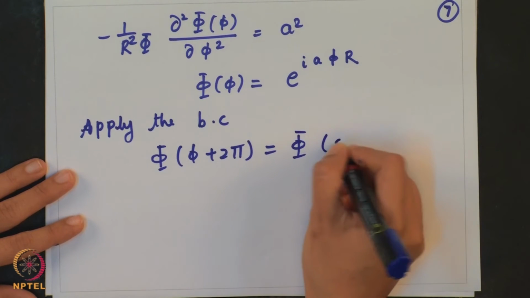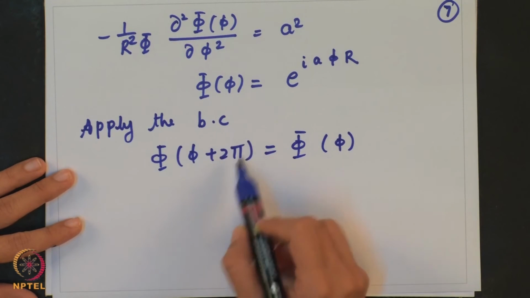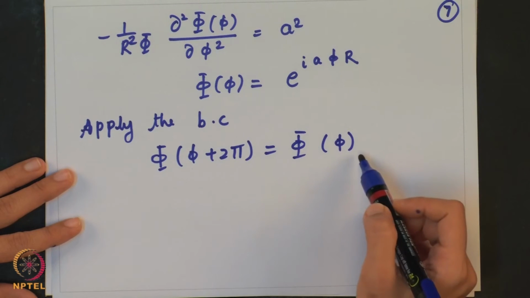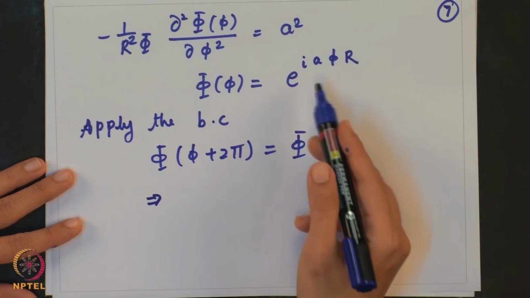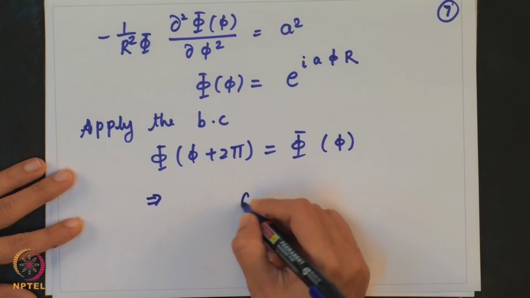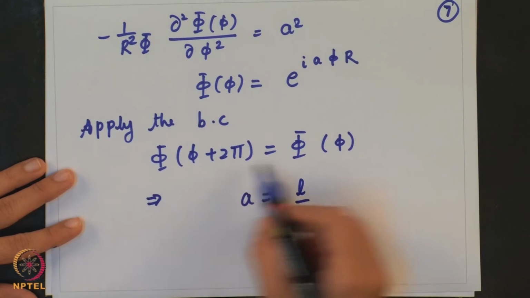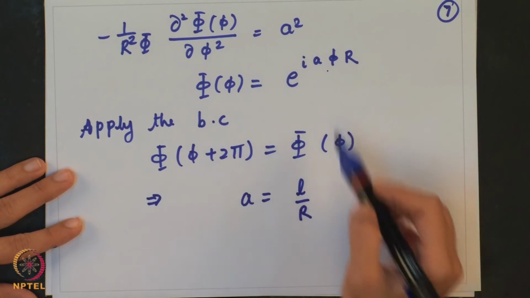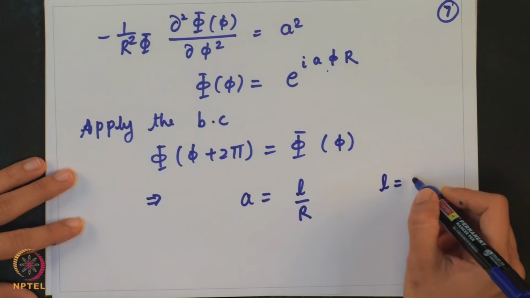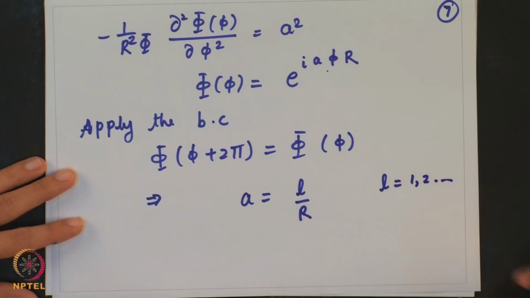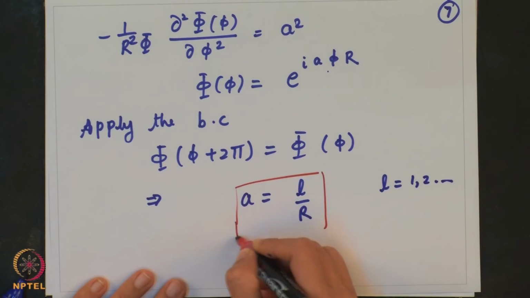At the boundary, that is after 2 pi rotation, phi will be equal to capital phi, which would give us the relation between A and r. So, A will be some l times r. This again you can just substitute here and you get this expression, where l can take any value from 1 to n. So, this is the relation between l and r.